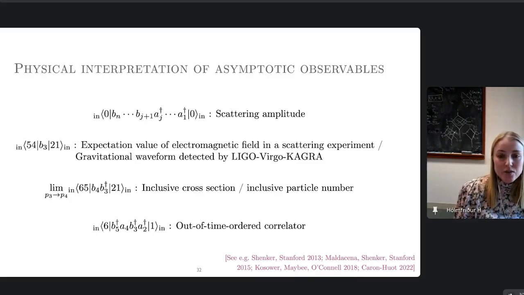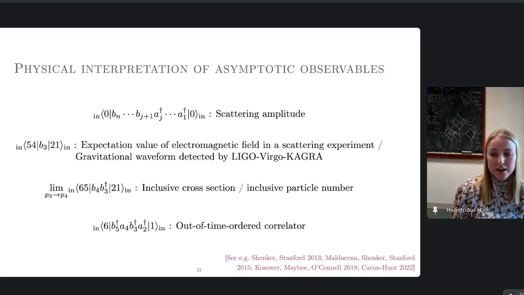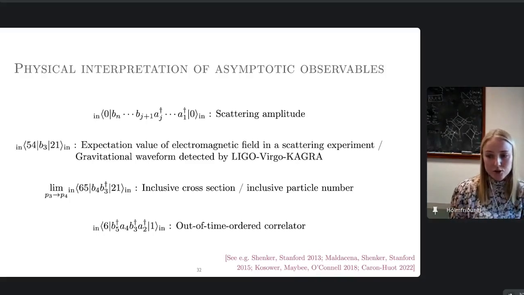It's the expectation value of the electromagnetic field in a scattering experiment, or the gravitational waveform as detected by a gravitational wave detector in the background of black hole scattering. So that's a new object that we can write down at 5 points that has a physical interpretation and is an observable that's being measured.